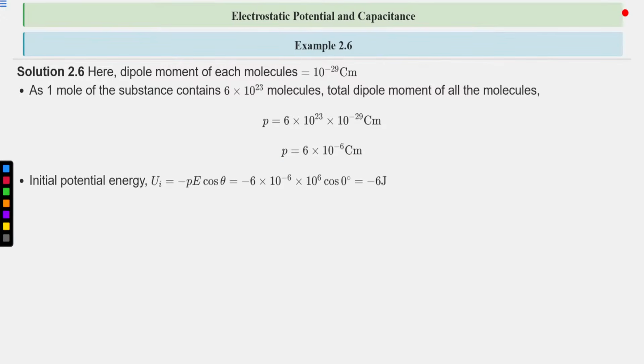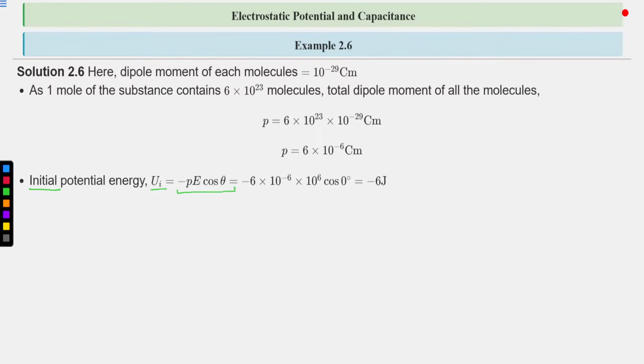So now the initial potential energy. Initial means when the electric field is horizontal and the dipole moments are aligned in the direction of the electric field. The formula for the potential energy of a dipole, which we calculated in yesterday's lecture, is minus PE cos theta.